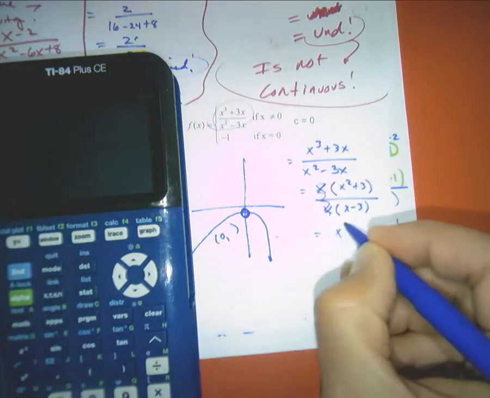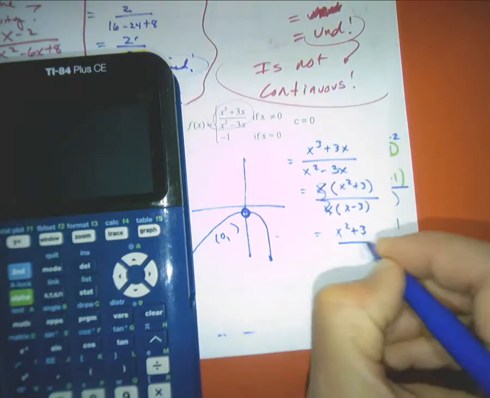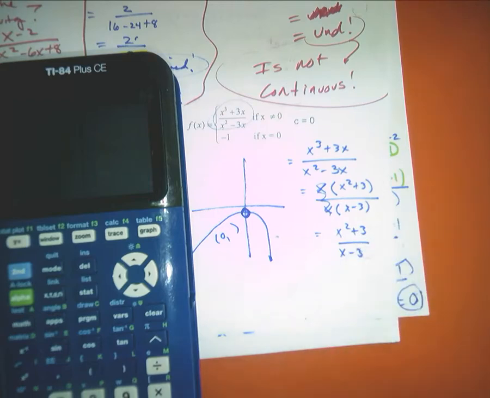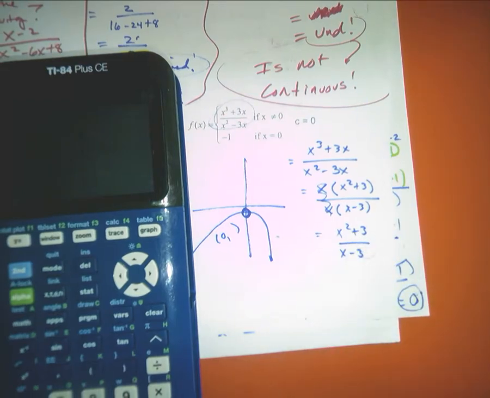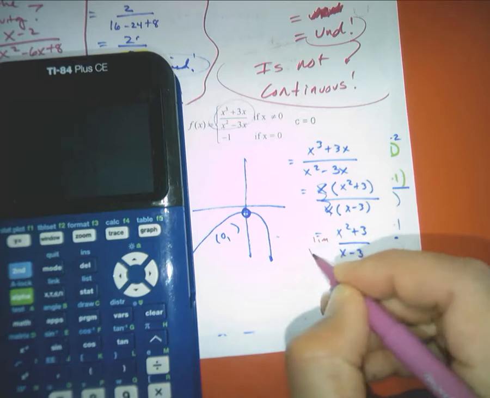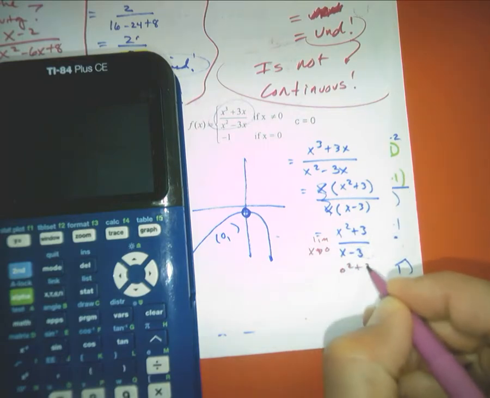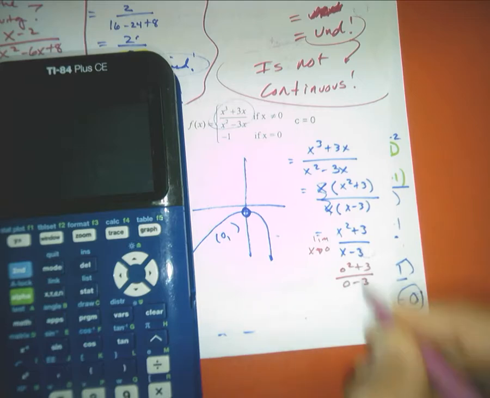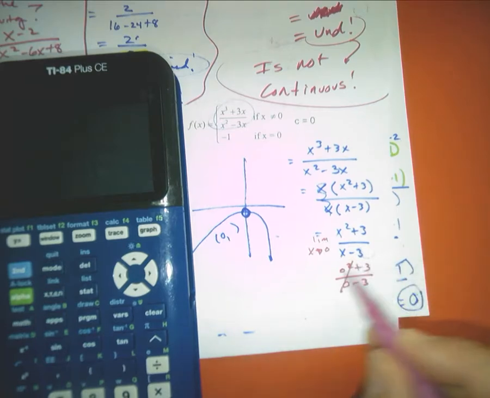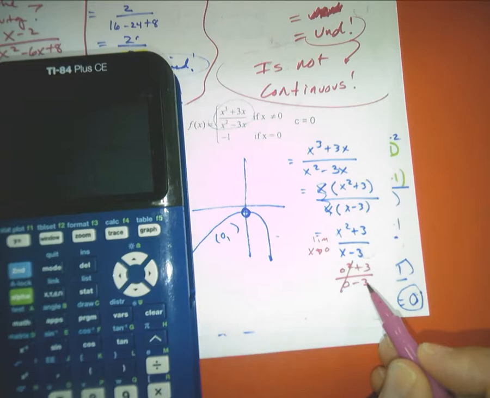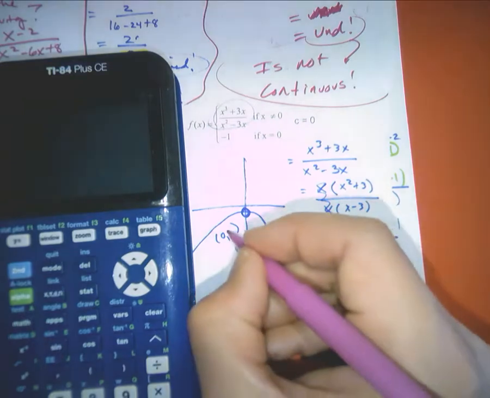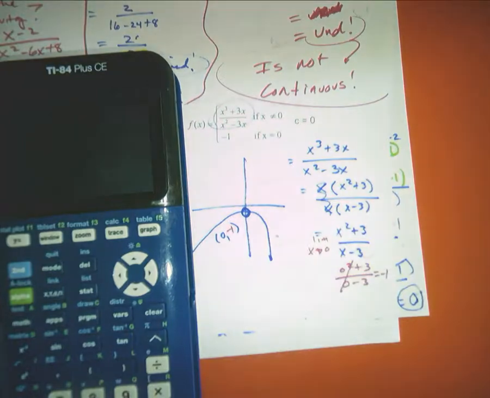And now here's my function: x squared plus 3 over x minus 3. Now I can find that intended height. I can find the limit as x approaches 0 here. That's 0 squared plus 3 over 0 minus 3. I would get 3 over negative 3, which is negative 1. So are you okay with that intended height being negative 1?